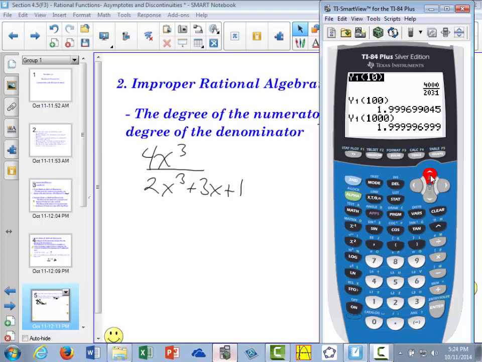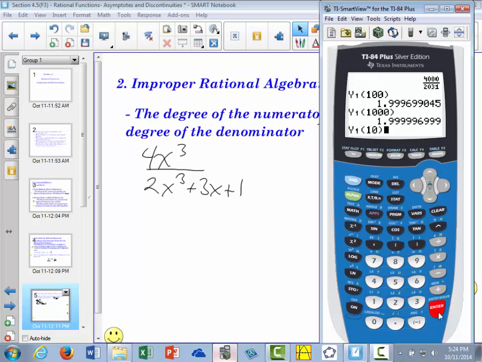Let's see what happens when our x values are negative. So let's go back to the 10 here, but let's change that to a negative 10. And when we ask for that, we get again 4,000 over 2,029, which makes sense because if we look at our numerator, we'll end up cubing the negative 10, so that will be a negative number.